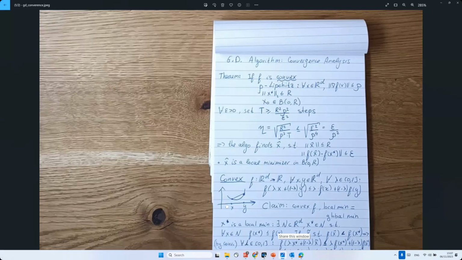What does it mean? So the formal definition is that for any point in the dimensions, the norm of the gradient of the function at this point is bounded by rho.